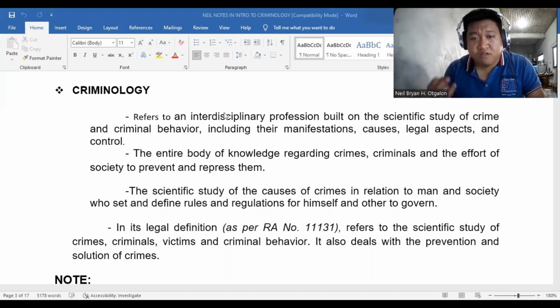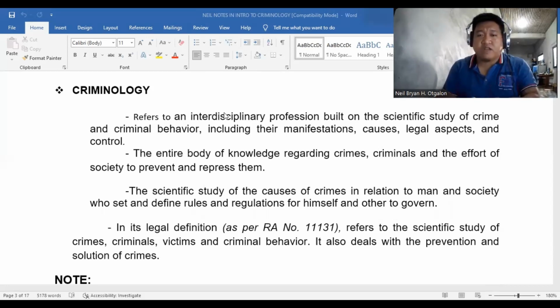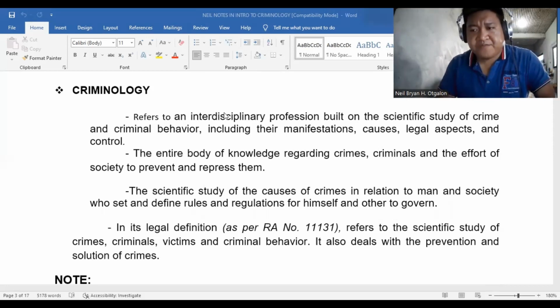Andyan ang psychology, physiology, anthropology, psychiatry, sociology, forensic medicine, corrections. So, criminology, binubuo yan ng maraming klase ng discipline, but they are being used as one for the purpose of studying a crime and providing for its solution.